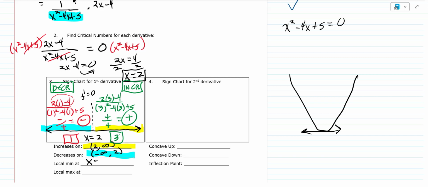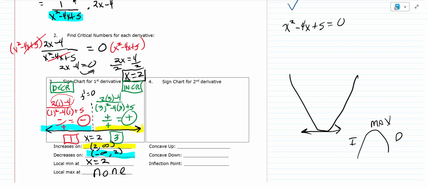So we'll just write x equals 2. I'm not going to worry about getting the point. Local max, there isn't one, because the only way you get a local max is if you increase, then decrease, and that never happens on the sign chart. So that's half of the problem right there. Are we okay with that?